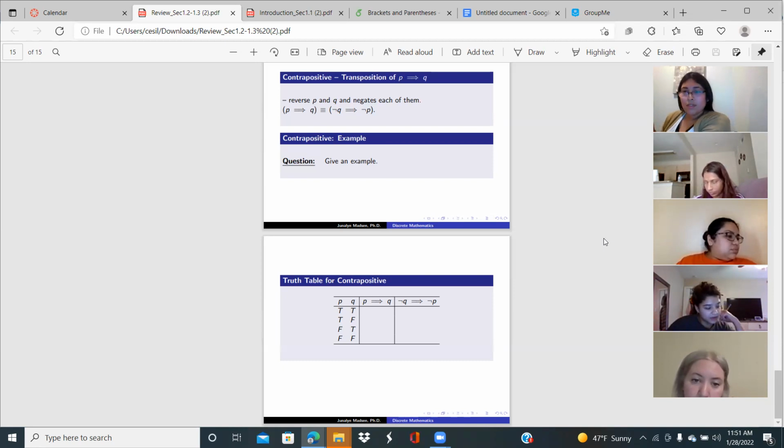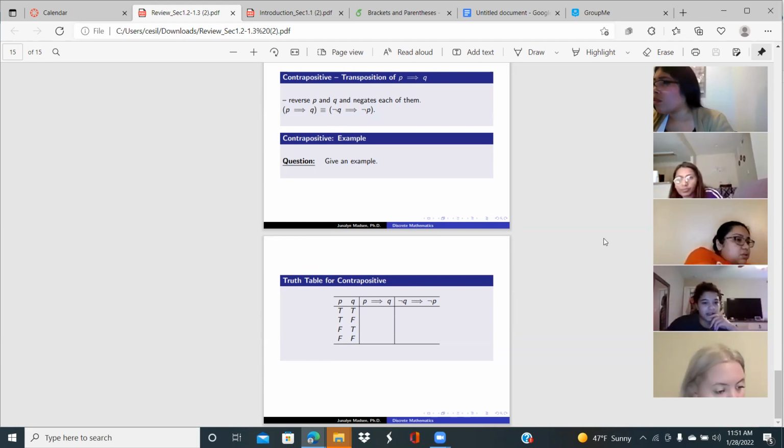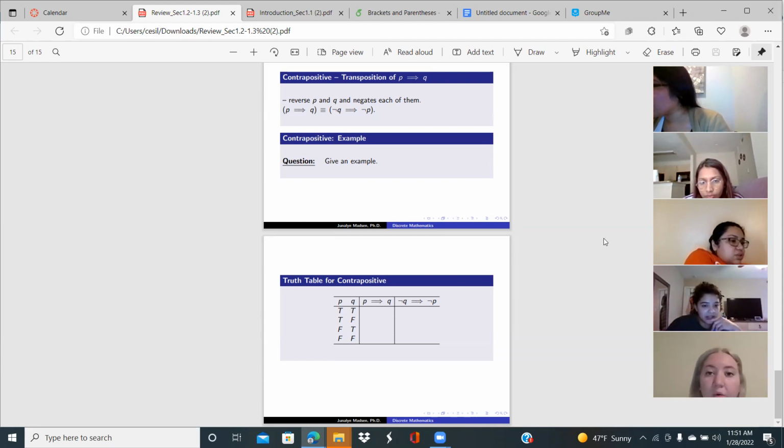I was looking at the homework for 1.3 and we have to write the converse of some problems. Do y'all know what the notation for converse is? I'm trying to look for it, I can't find it. Oh, it's the opposite of the one we were just talking about.